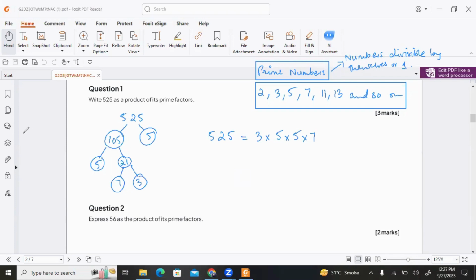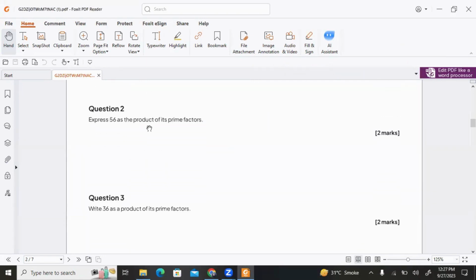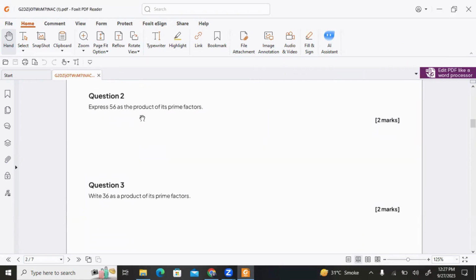Then if we move on to the next question, it says, express 56 as a product of its prime factors. Pretty much the same thing. So we're going to break 56 down. We know that 56 is basically 7 times 8. 7 is a prime number, so we leave it as it is. 8 is 4 times 2, and 4 is 2 times 2.